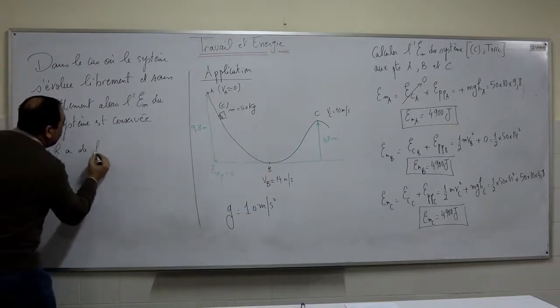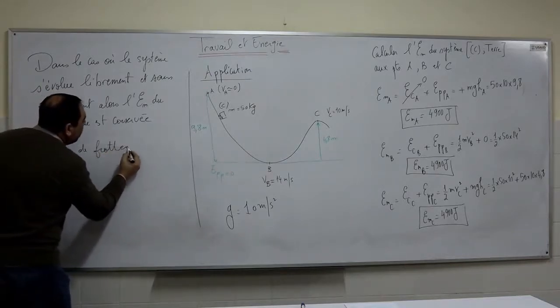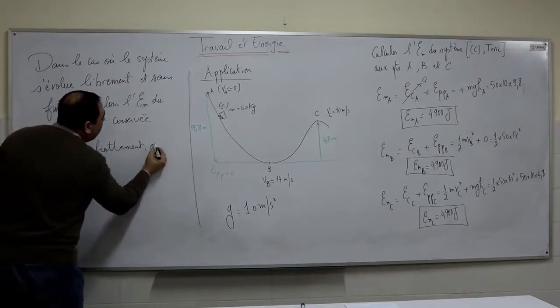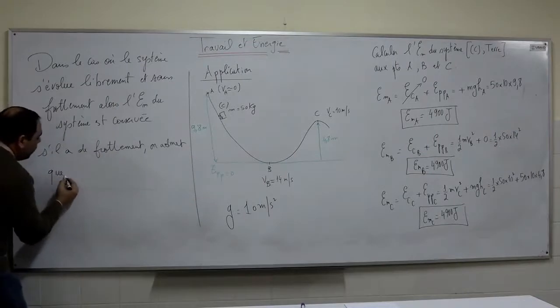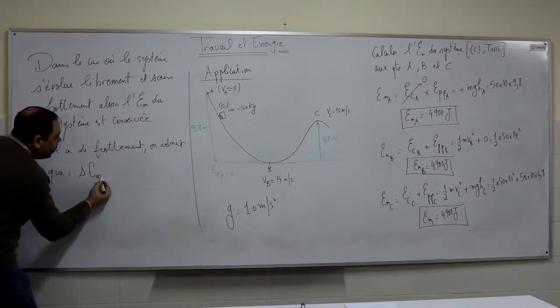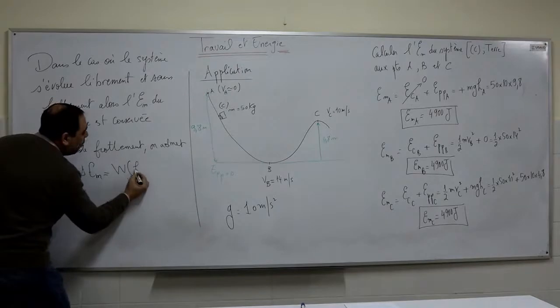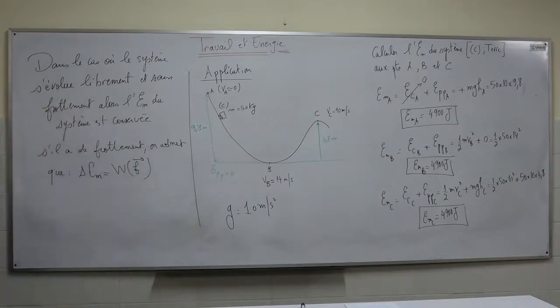If friction exists, the variation in the mechanical energy is equal to the work of the force of friction.